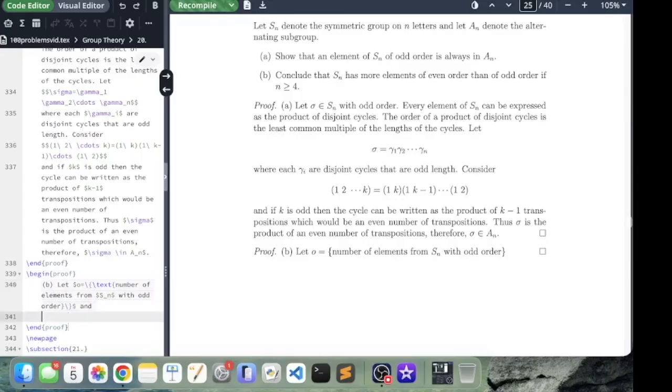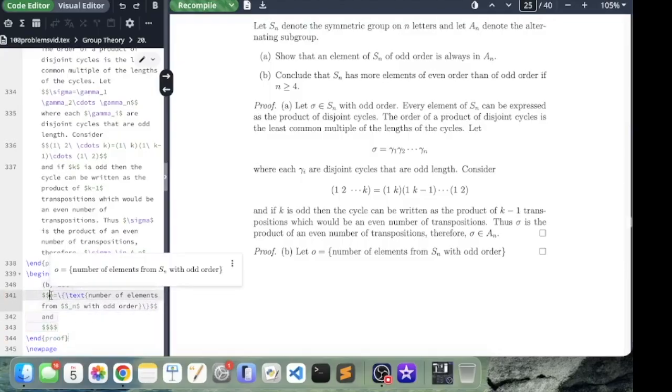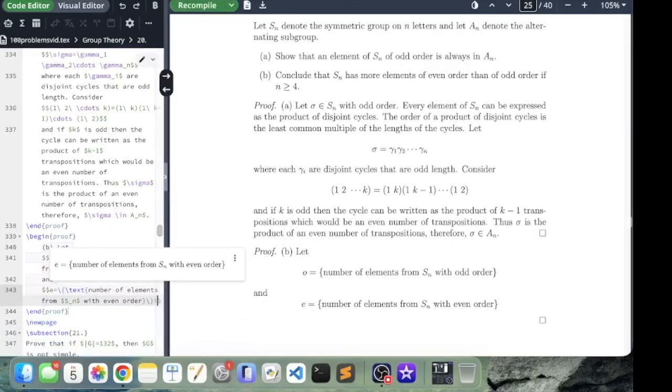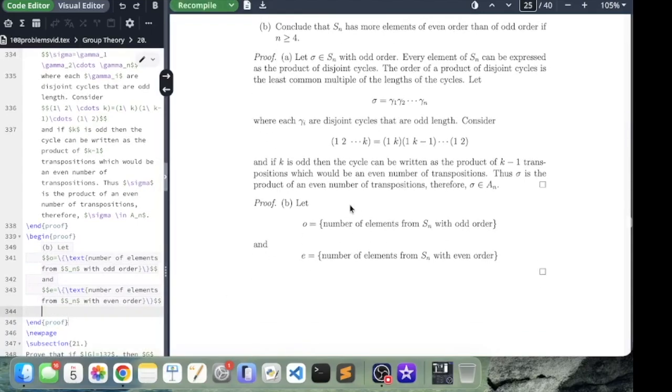And we want to do the same thing for even, essentially. Call it E, the number of elements from Sn with even order. So if you add up all the elements with even order and then the elements with odd order, that's your total elements.